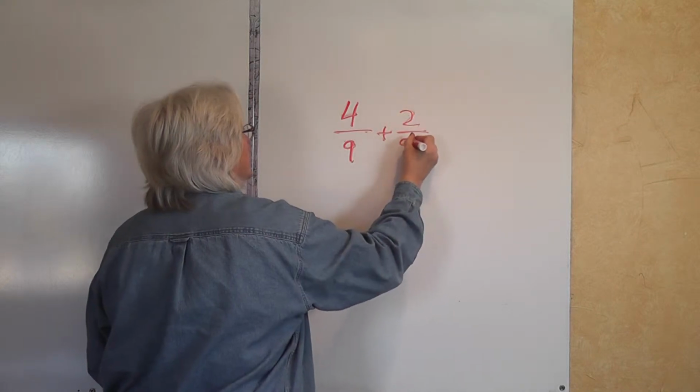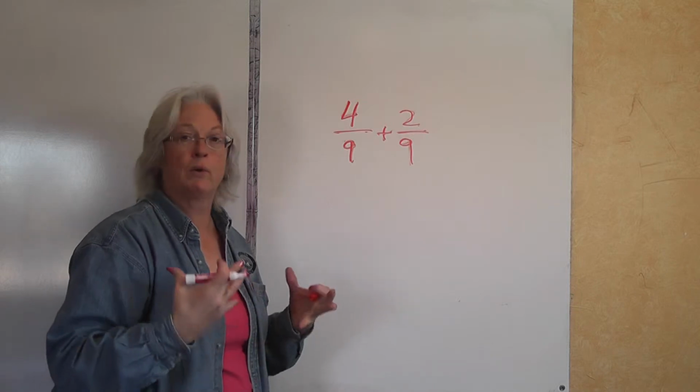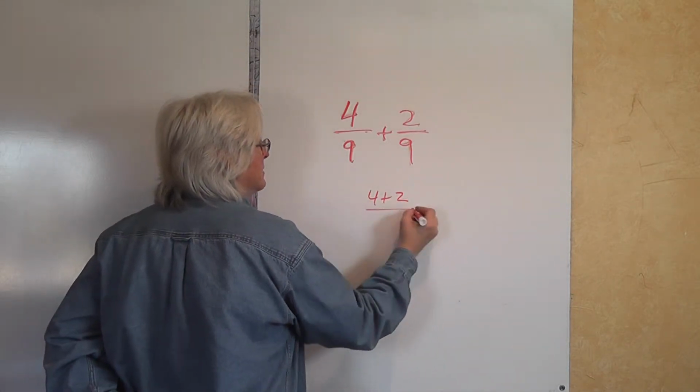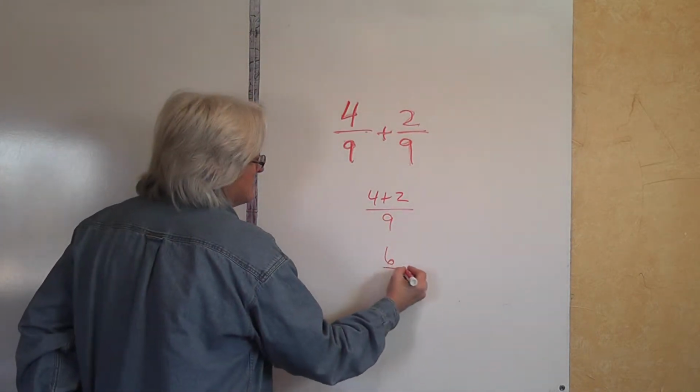These are like fractions because they have the same denominator. How are we going to do this? We're going to add the numerators, keep the denominator. 4 plus 2 is 6/9.